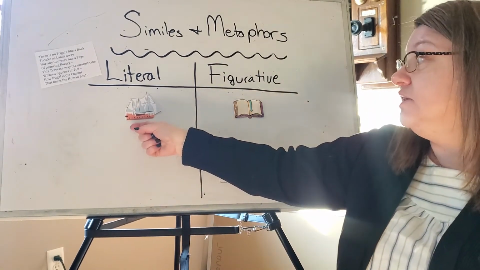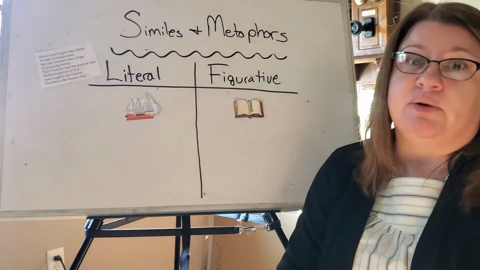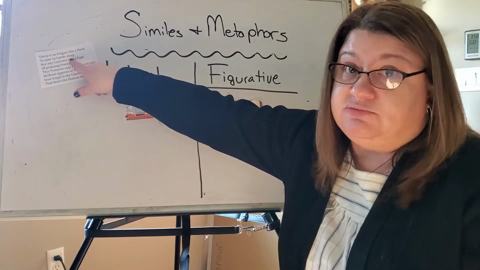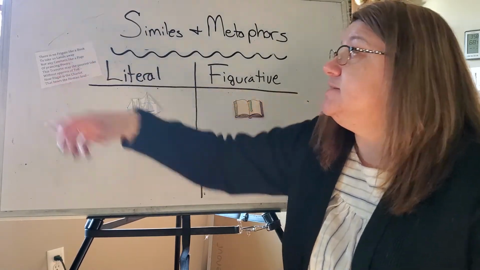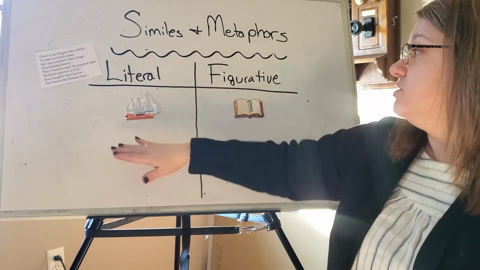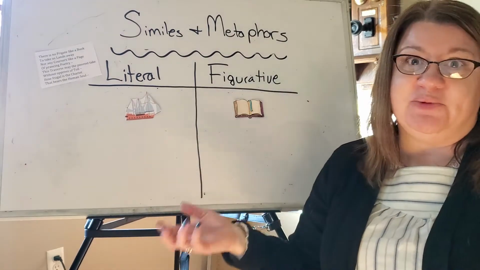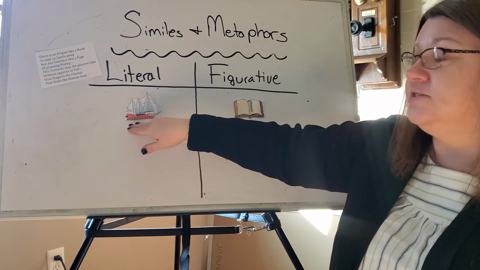So if I literally am describing a ship, why would I compare it to a book? Here, Emily Dickinson is trying to tell us that whatever it is takes us lands away, right? We know that ships take us lands away. We know that already, but that's not what she's describing.